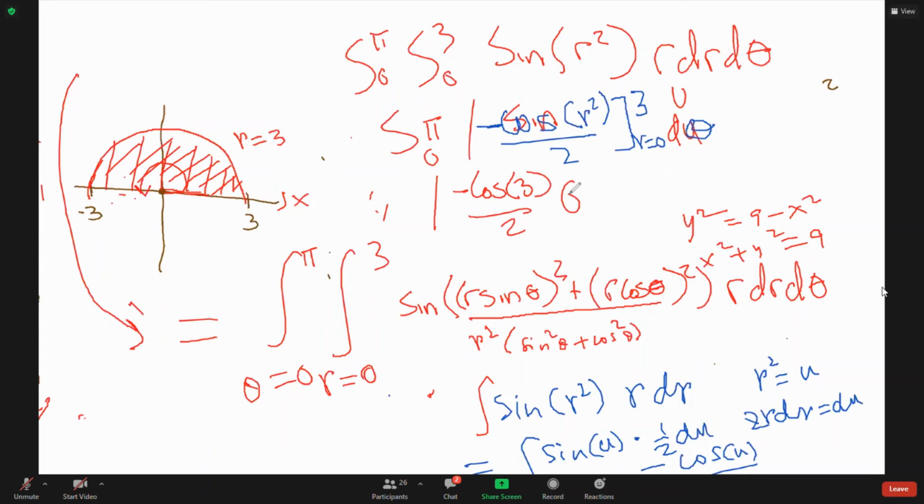Not 3, 3 squared, which is 9. And then theta from 0 to pi. What happened to 0? You still have to plug in 0. Cosine 0 is 1.